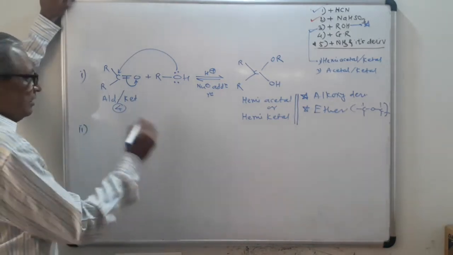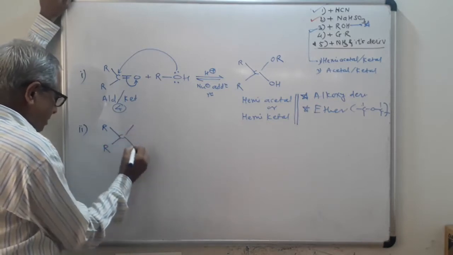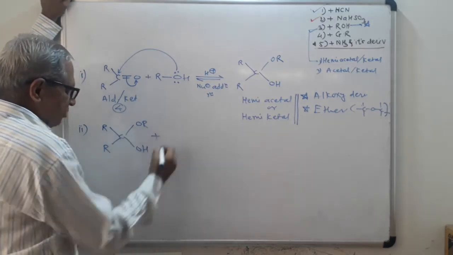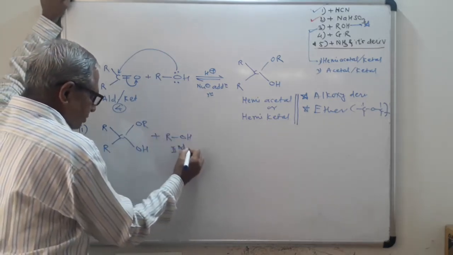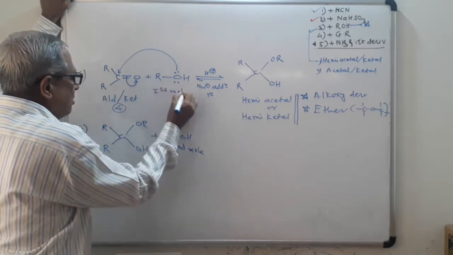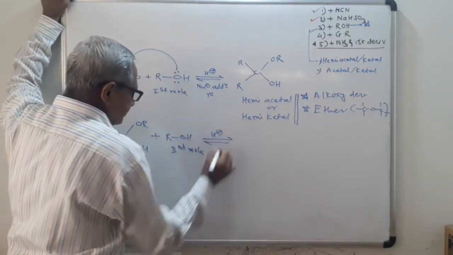In the second step, R-C-OH-OR, we add the second molecule of alcohol ROH; this is the second molecule, this is the first molecule. Again it is a reversible reaction carried out in the presence of acid.